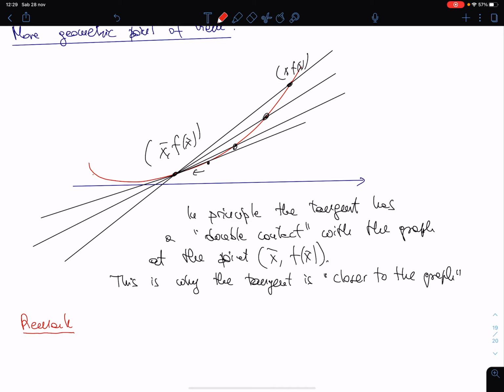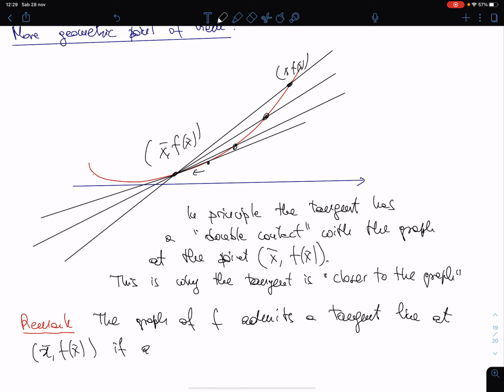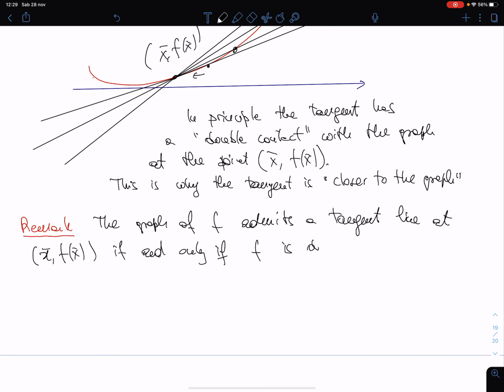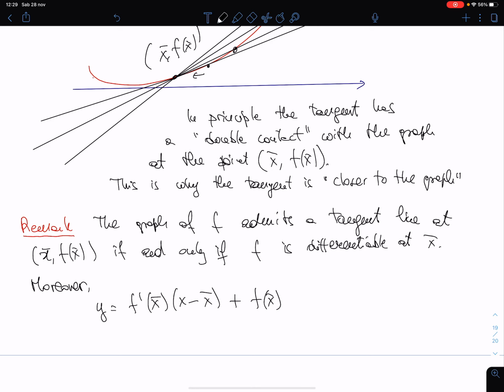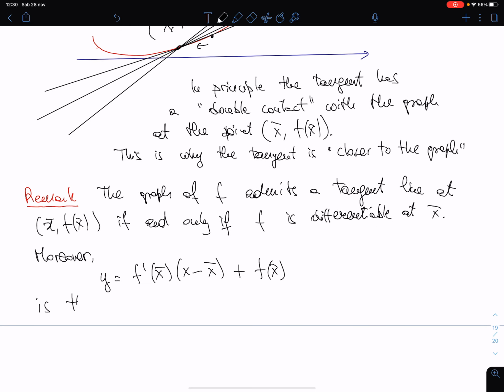Say that the graph of f admits a tangent line at the point x bar, f of x bar, if and only if f is differentiable at x bar, and in this case y is equal to f prime of x bar times x minus x bar plus f of x bar is the tangent line at the desired point.